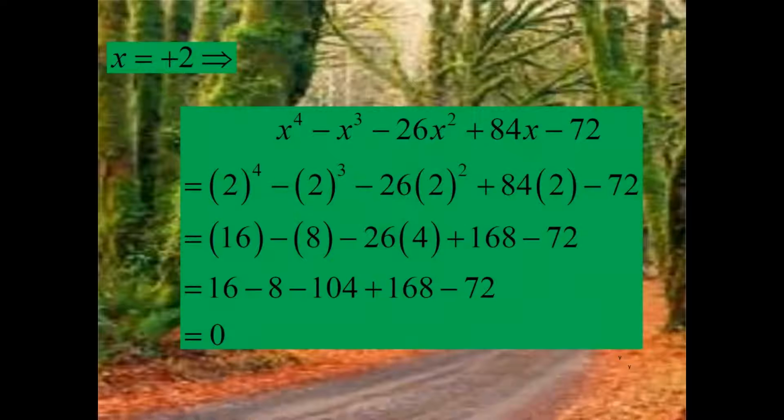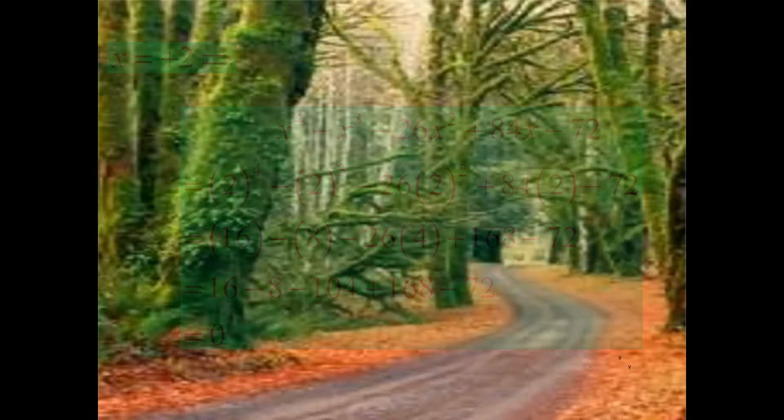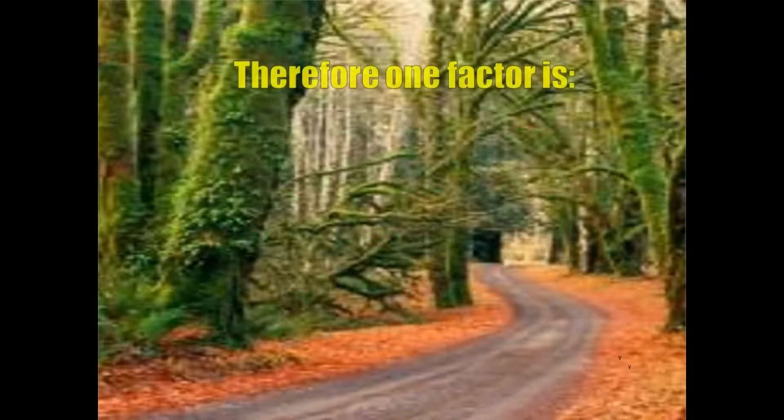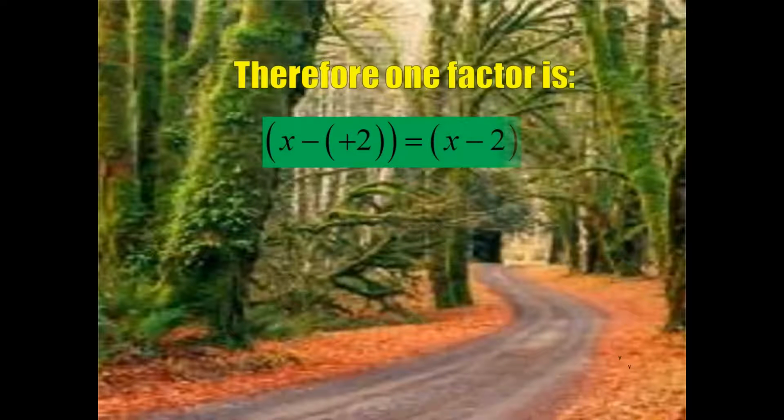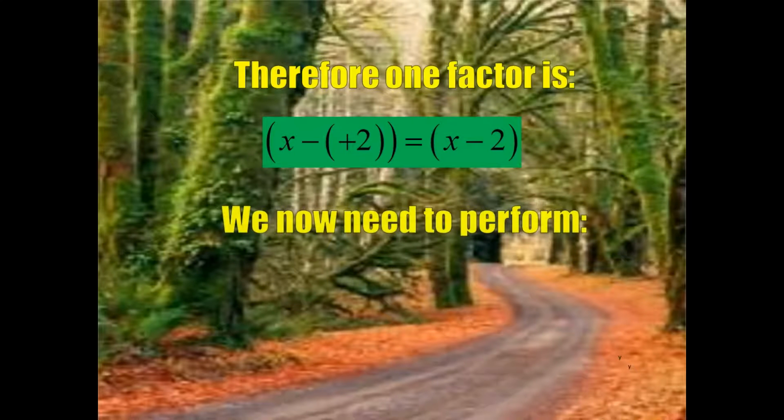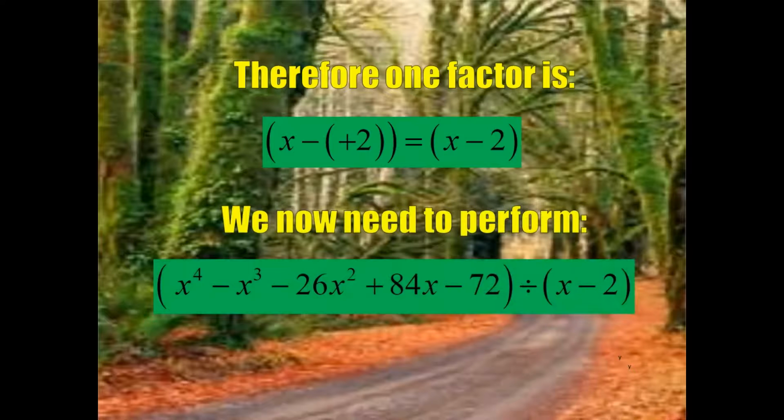So we know that one factor is going to be x minus plus 2, and of course, we would write that as simply x minus 2. Now we need to perform that whole expression divided by x minus 2. Well, there's no easy way around it. We're setting up a long division.